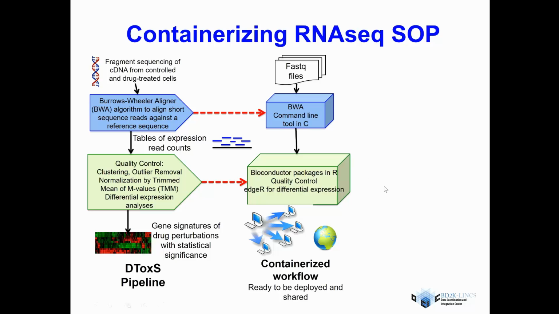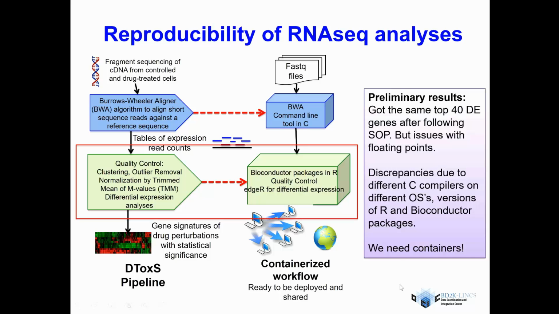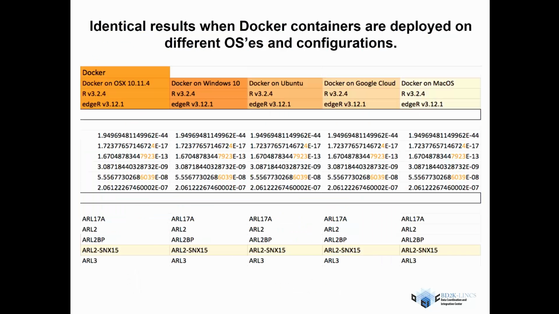When Trevor did this, we just focused on the step where we start with the counts, because for one, it didn't take 16 hours to do. It could be done in a few minutes. And it was closer to the results that we really cared about, which is the differential expression.